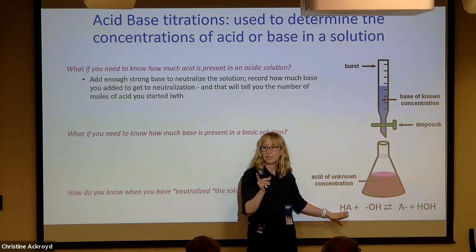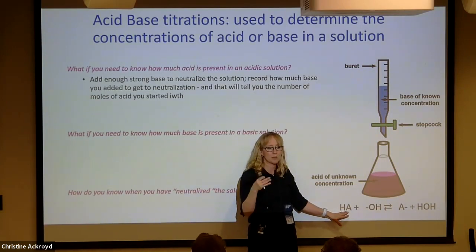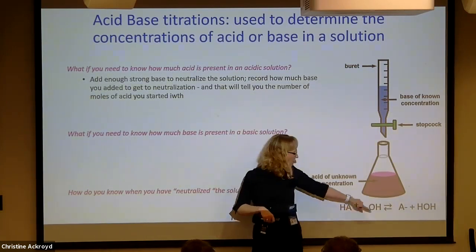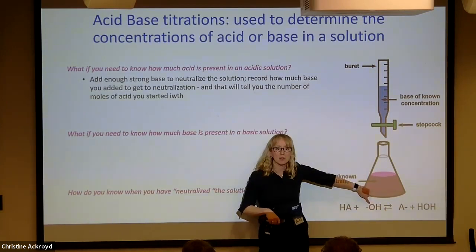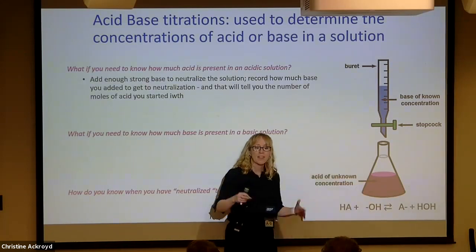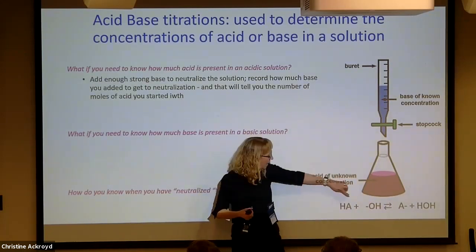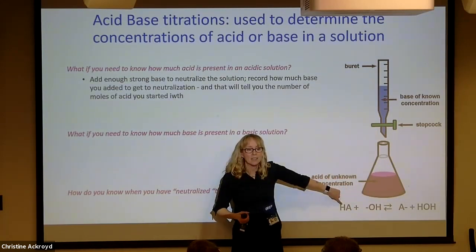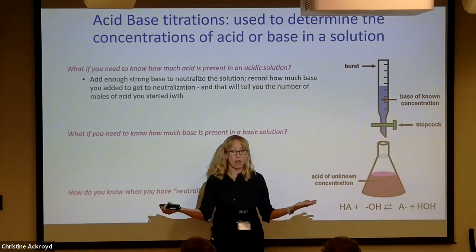Careful, you always want to say equilibrium, but equilibrium is achieved immediately as soon as we add stuff. If I have 1 mole of acid, how many moles of hydroxide do I have to add to react all of my starting material? 1. And that's what a titration does. You add enough hydroxide to react all of your acid, and then you know how much acid you've had.